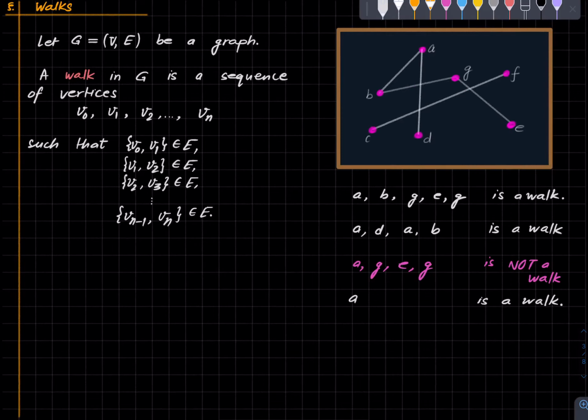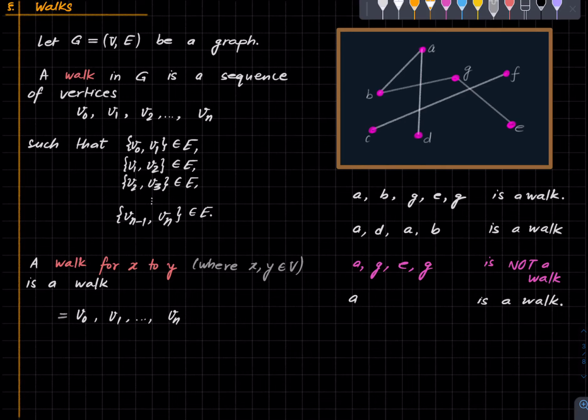So a walk from X to Y. So we have defined what is a walk, but a walk from X to Y, where of course X and Y are vertices, is a walk which starts at X and ends at Y. So these are called the starting and the ending points, and a walk from X to Y is just a walk whose starting vertex is X and the ending vertex is Y. So in these examples, this is a walk from A to G, this is a walk from A to B, this is not a walk, so we can't talk about it.